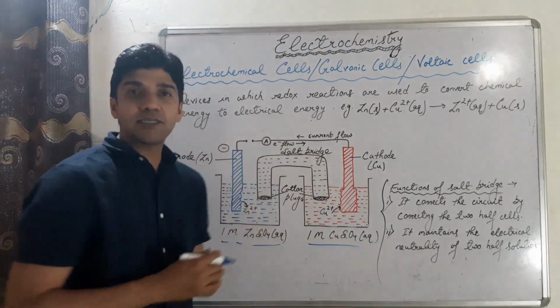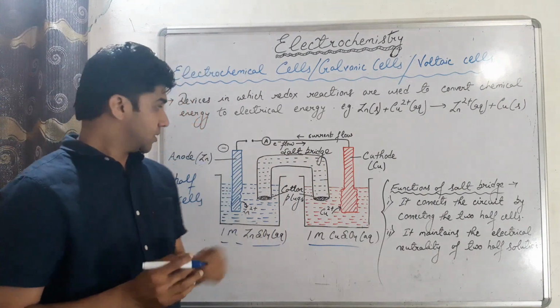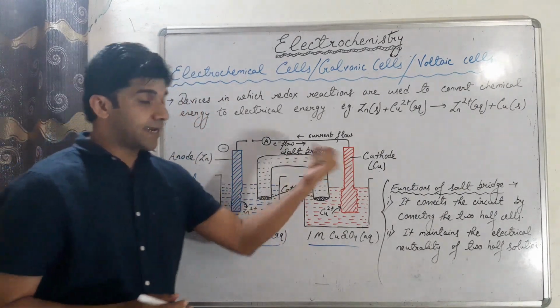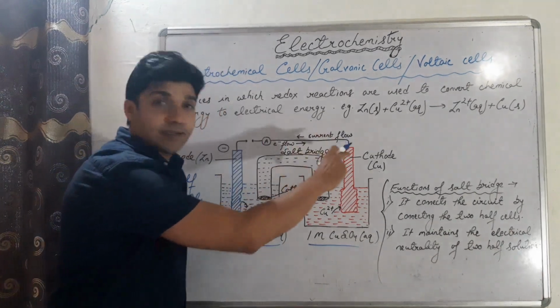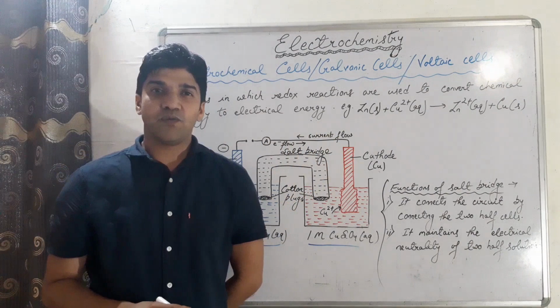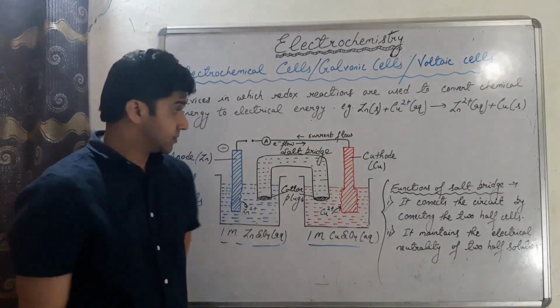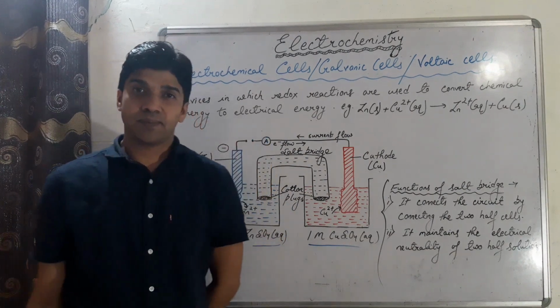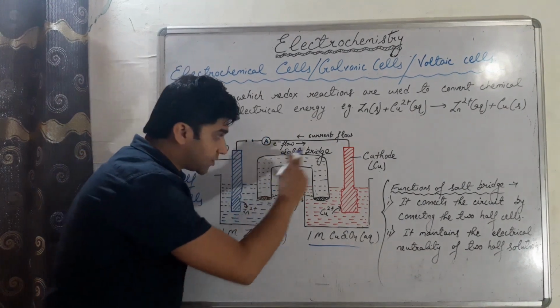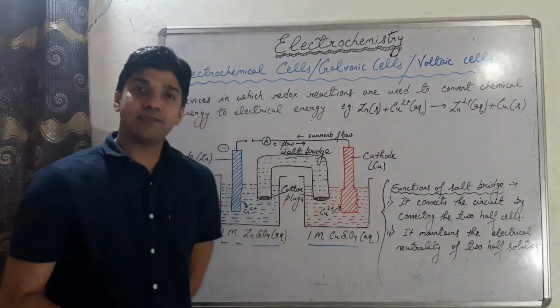These two rods are known as electrodes: zinc electrode and copper electrode. And these two are connected with the help of insulating wires, key and ammeter. They are also joined with the help of salt bridge.